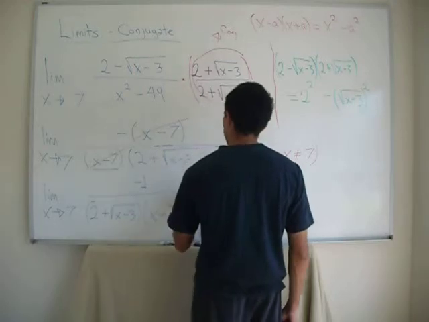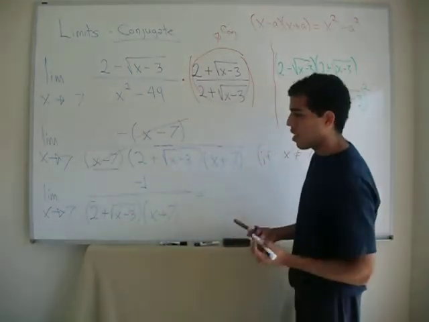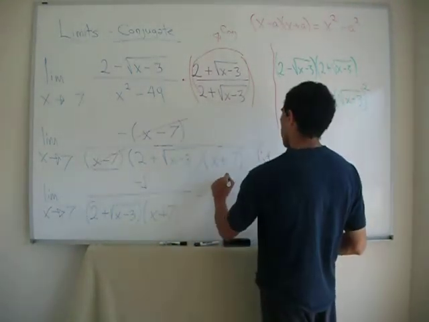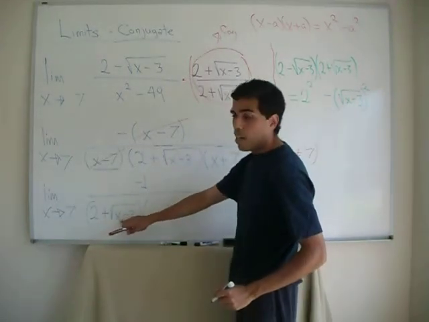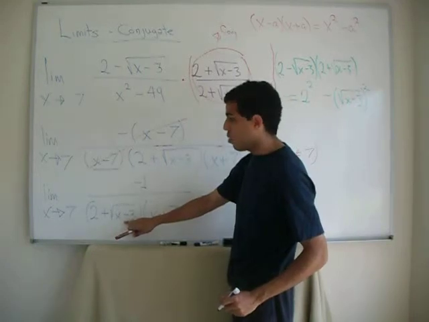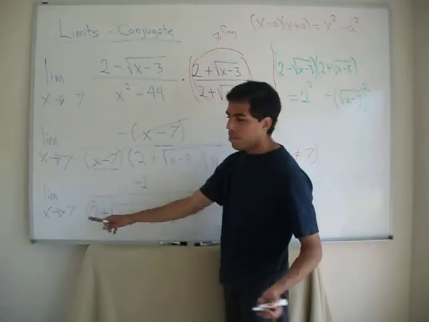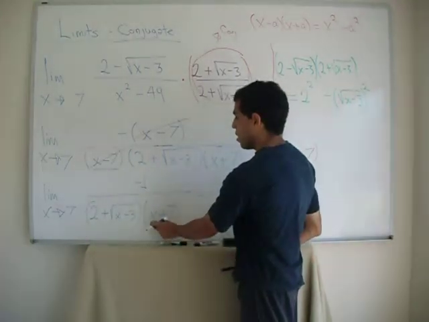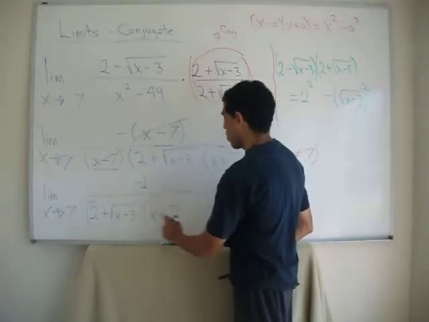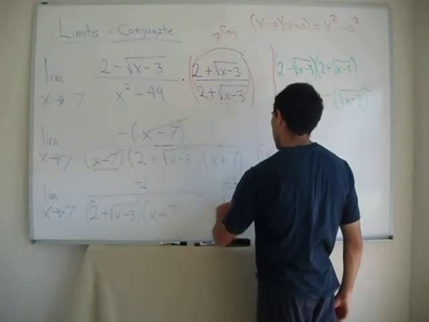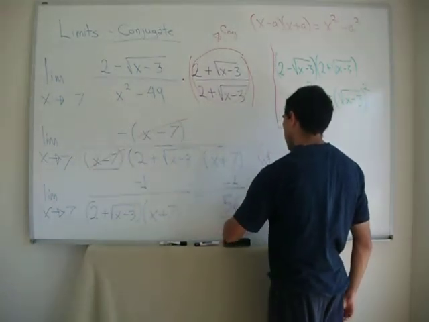Since I got rid of the indetermination, I can evaluate. On the upper part, I will have minus 1, and on the lower part, I will have 7 minus 3, 4, square root of 4 is 2, 2 plus 2 is 4, and then 7 plus 7, 14. 14 times 4 is 56. And that is the answer to the exercise.